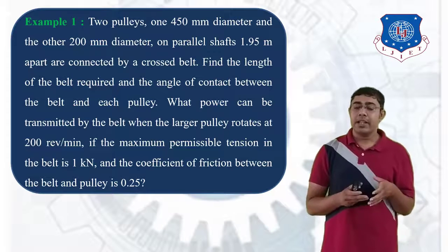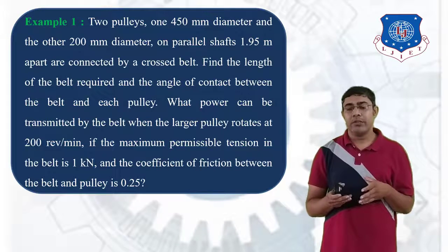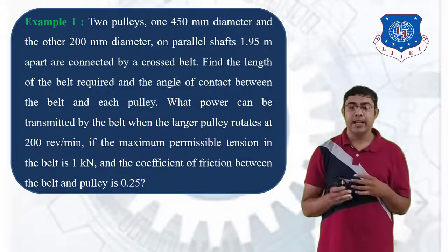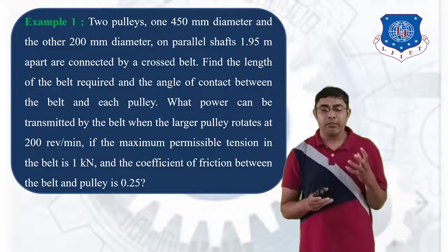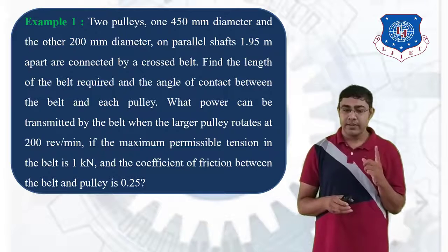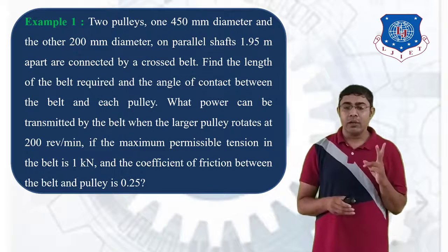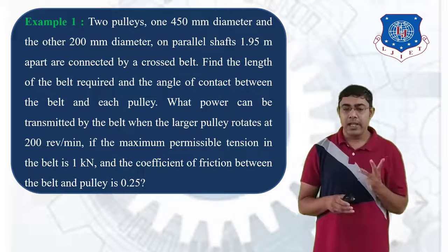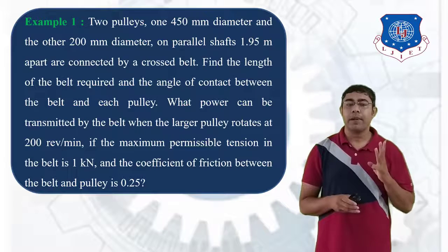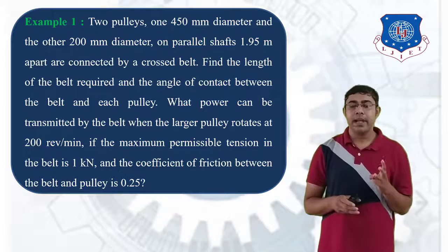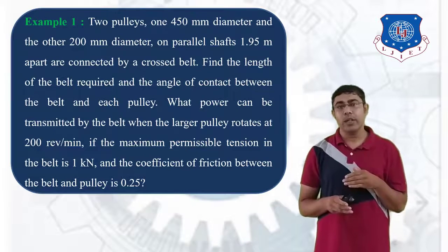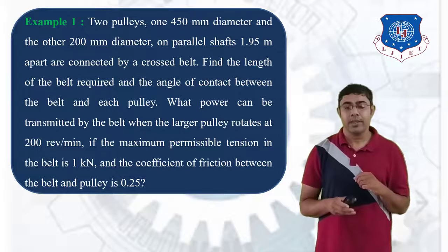What power can be transmitted by the belt when the larger pulley rotates at 200 revolutions per minute? So first we have to find the length of the belt, second the angle of contact between belt and pulley, and third the power that can be transmitted by the belt when the larger pulley rotates at 200 rpm.